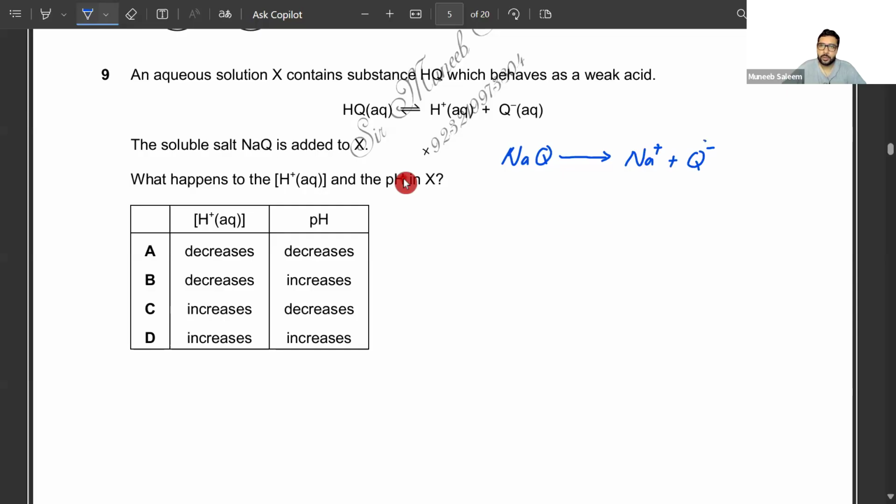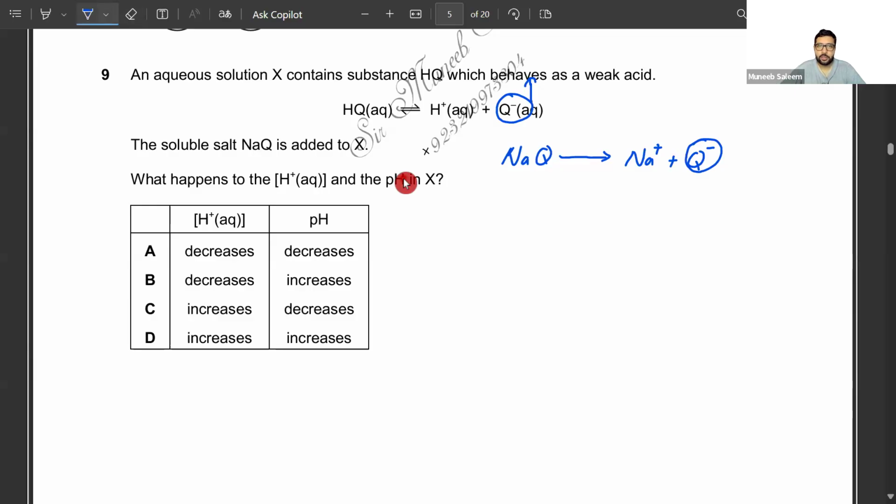So basically, Q ions are similar to the Q ion already present in the equation. So when you add NaQ, you are basically increasing the amount of the Q anions here. Q anions are increasing when you add NaQ.